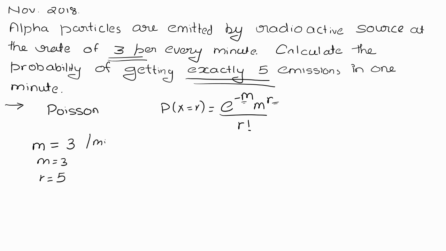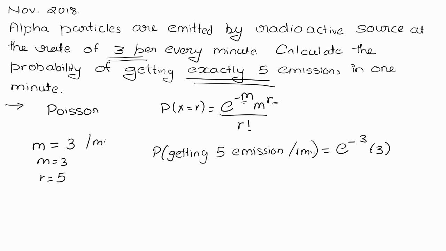Now I know m, I know r, I can directly substitute. Probability of getting 5 emissions in 1 minute will be something like e raised to minus 3 and 3 raised to 5 upon 5 factorial.